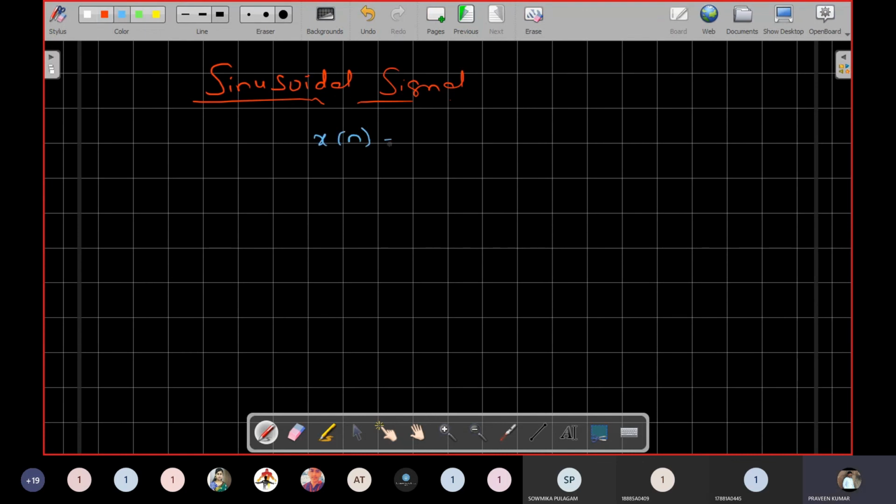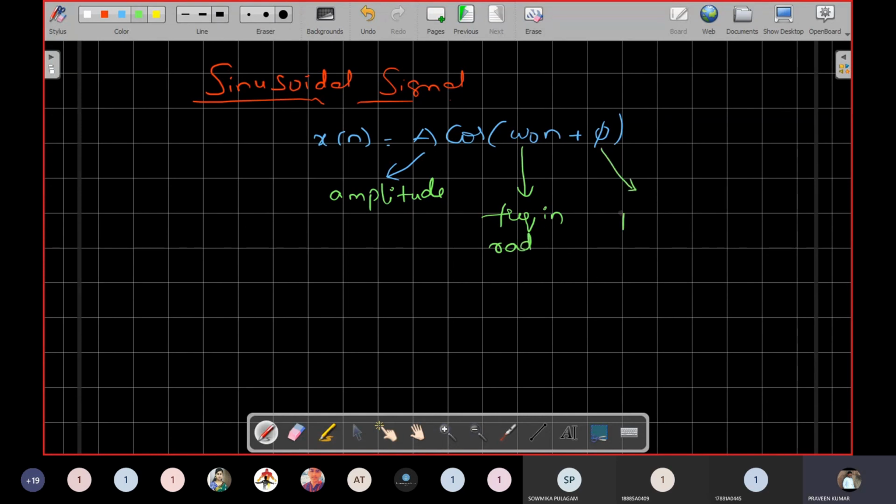You know this: x of n is equal to a cos of omega naught n plus phi, where a is the amplitude, omega naught is the frequency in radians, and phi is the phase.